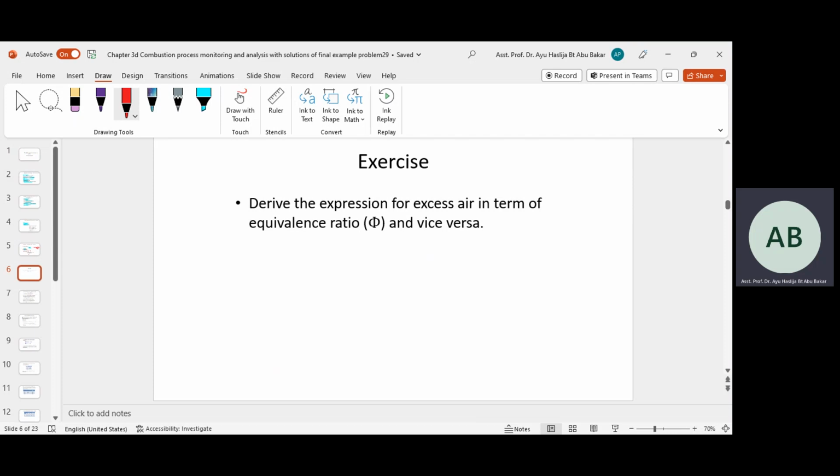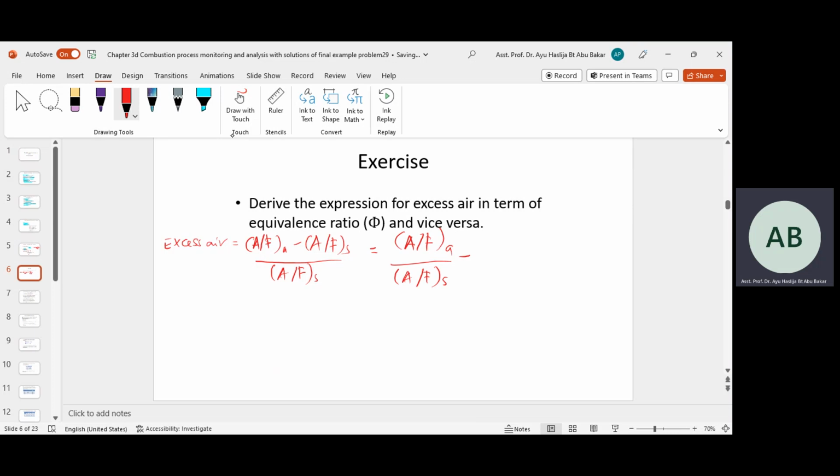From the previous excess air equation, which involves the AF, when you expand this equation you will get this.